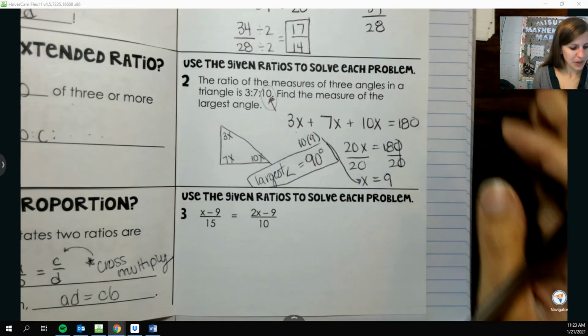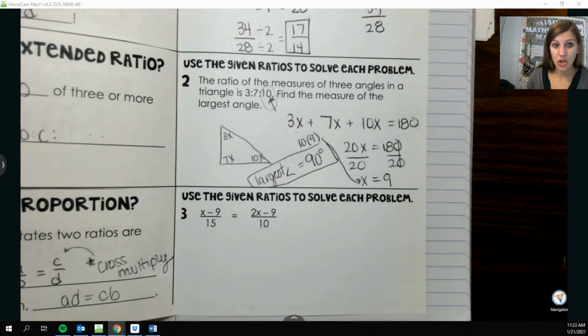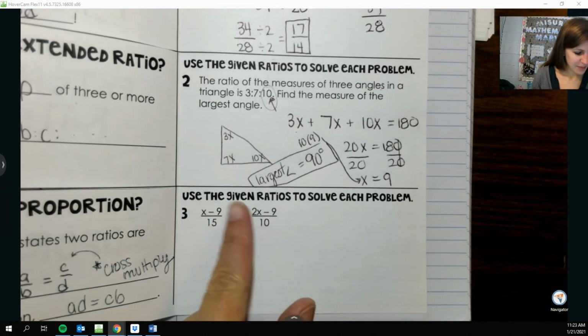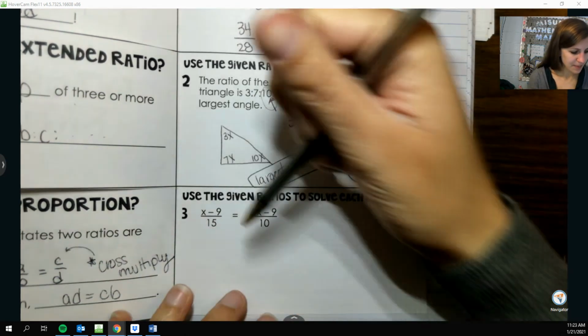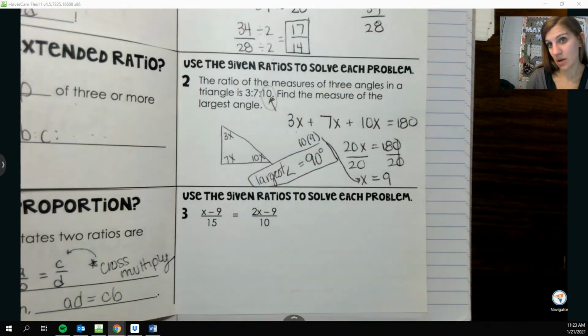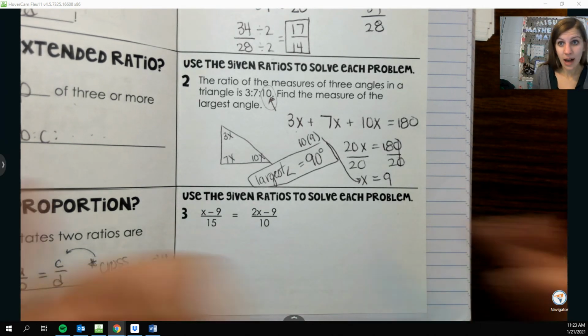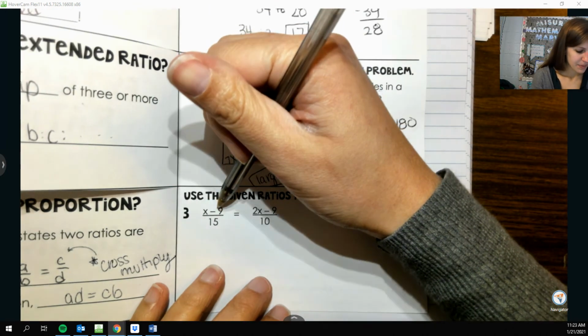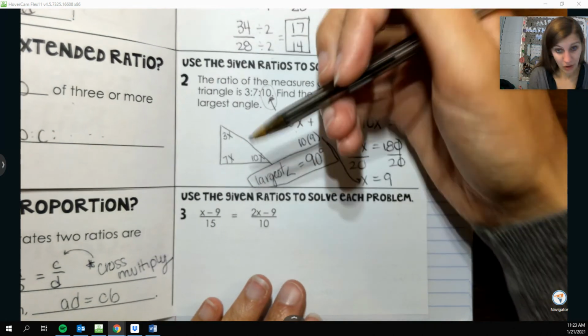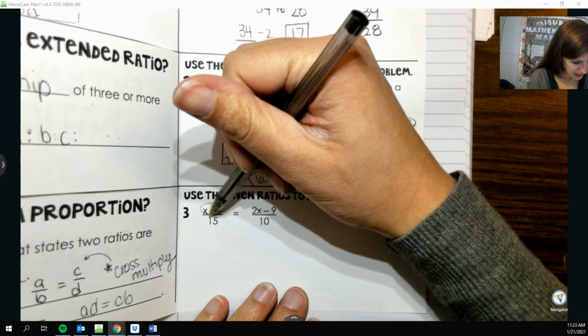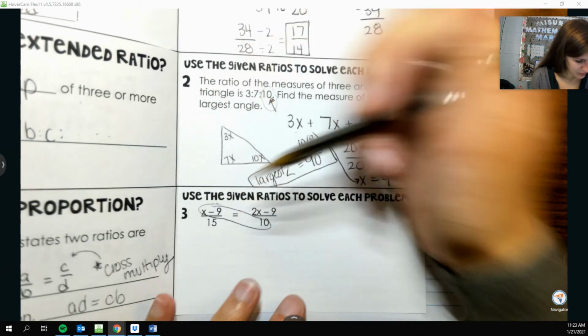So a good example of using proportions to solve: use the given ratios to solve each problem. If these two ratios are equal to each other, and again, I'd have to be told that they are because I can't see that obviously they are. But since it's shown that they're equal, we can solve for x by cross multiplying.